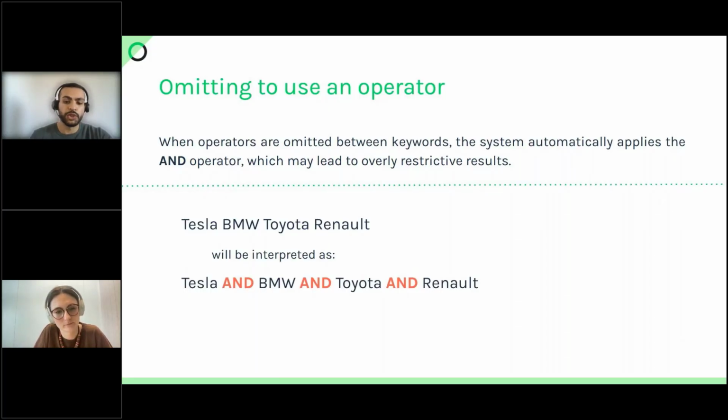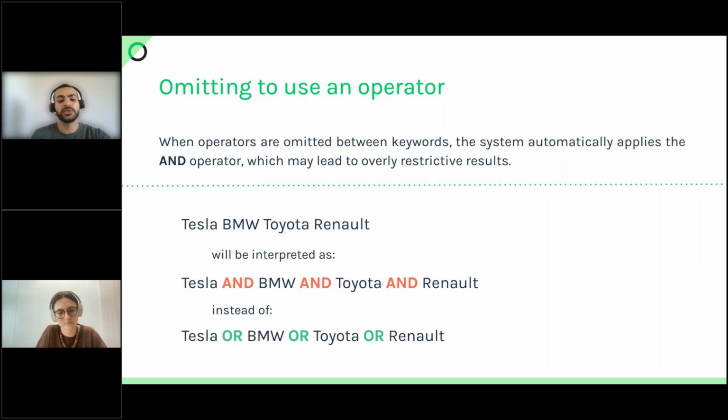And it will start looking for a mention containing all these four keywords within the same mention, instead of searching for Tesla OR BMW OR Toyota OR Renault, which will return mentions containing at least one of these brands.